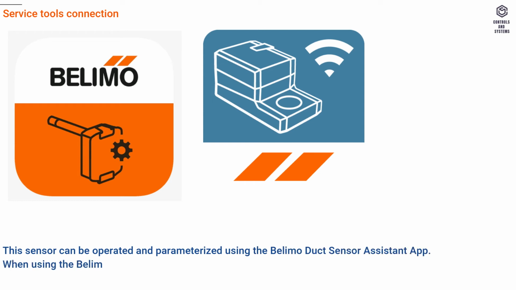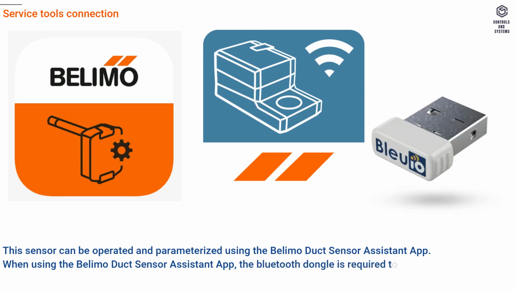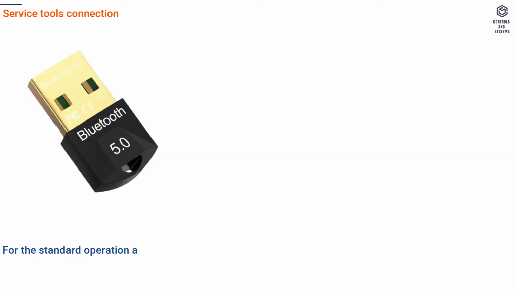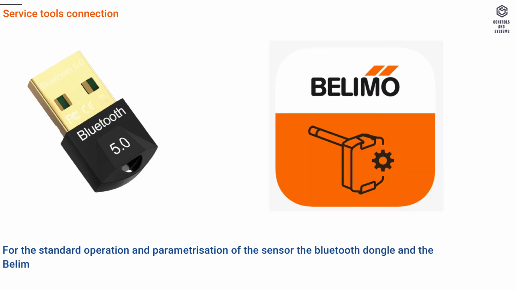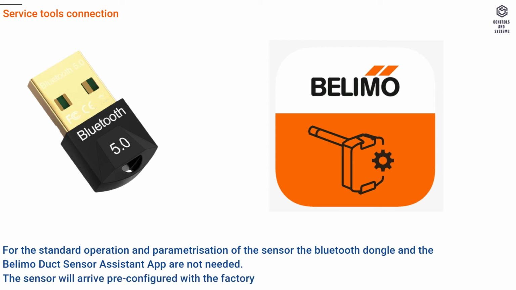When using the Belimo Duct Sensor Assistant App, the Bluetooth dongle is required to enable communication between the app and the Belimo sensor. For the standard operation and parameterization of the sensor, the Bluetooth dongle and the Belimo Duct Sensor Assistant app are not needed. The sensor will arrive pre-configured with the factory default settings shown above.